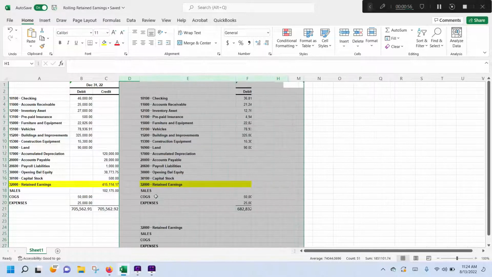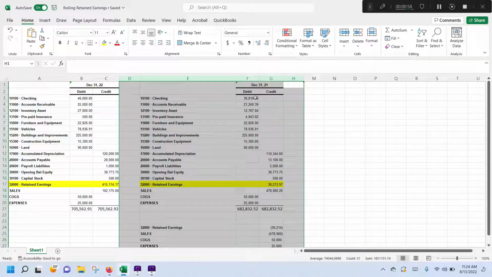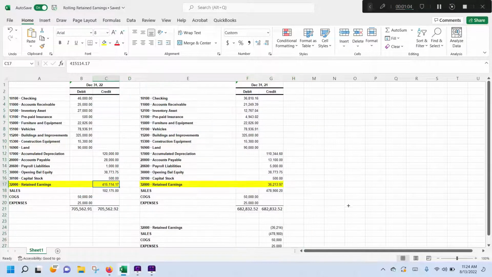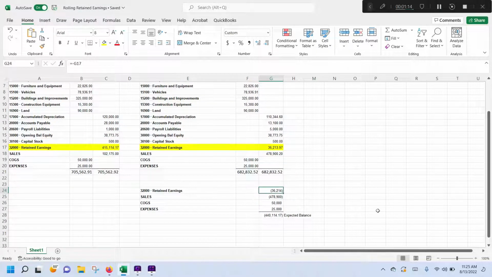So what I'm going to do is pull up the trial balance I received in the prior year and compare it to what this balance shows. And how I do that is I take the retained earnings balance stated here from 2021. I add the revenue, I subtract costs and expenses, and I get what the expected balance is here.